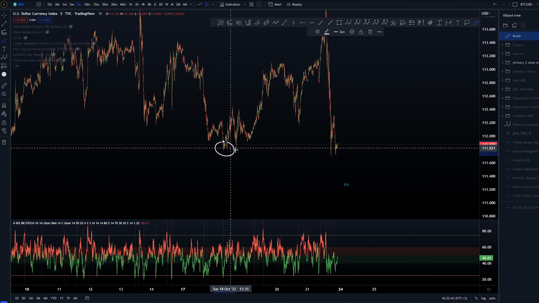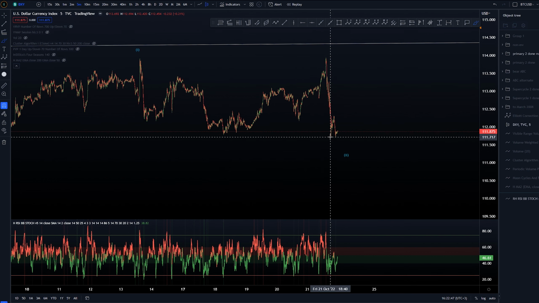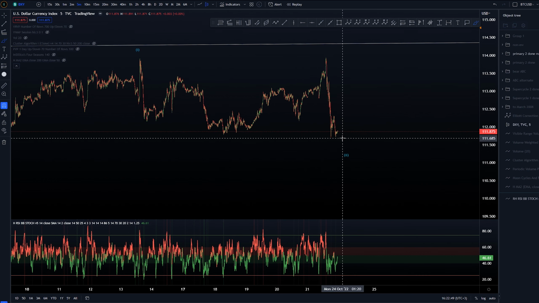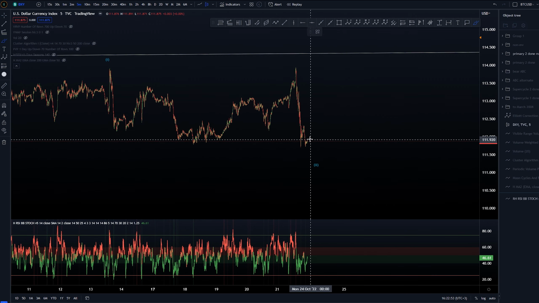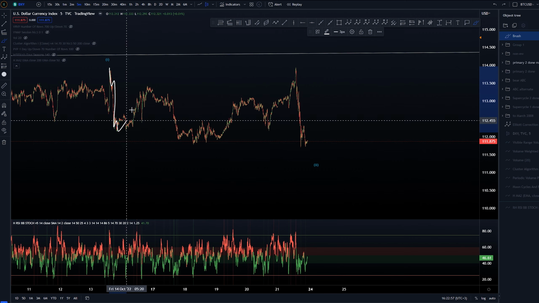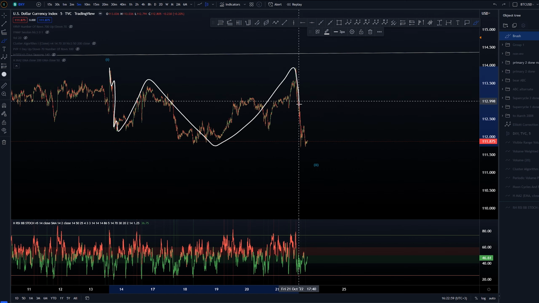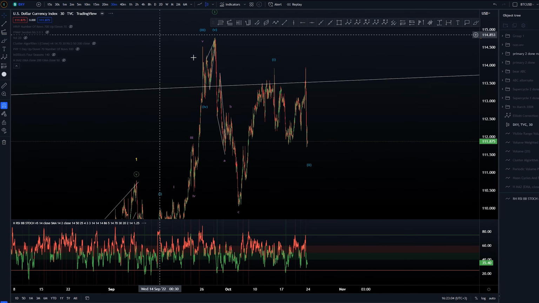Yep, we did take out the previous lows of the 18th of October with the recent 21st Friday lows, so it is very much a possibility that we are completed here, where we would have 1, 2, 3, 4, 5, then 3-wave pullback and another 1, 2, 3, 4, 5. This definitely would make a lot of sense to me.